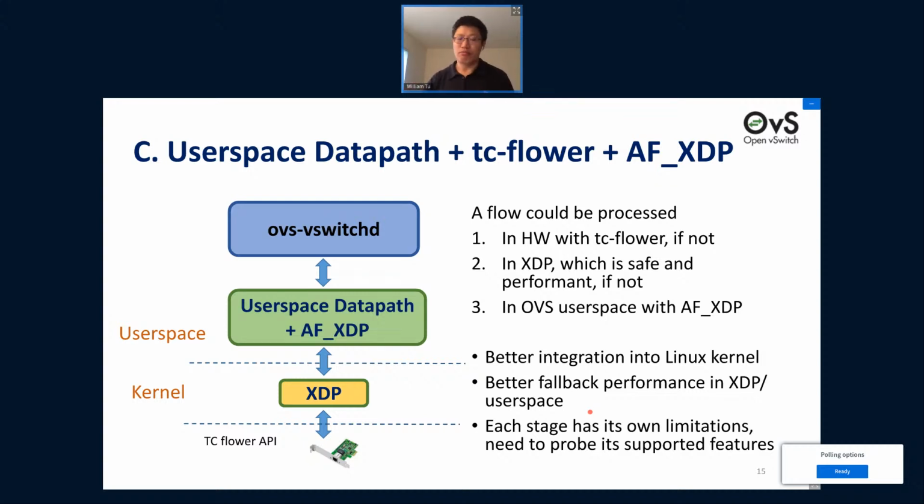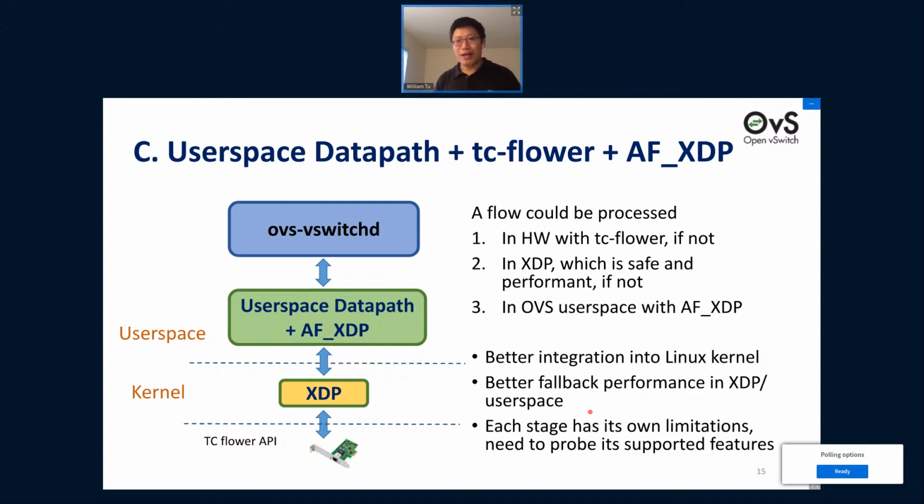For example, OVS sometimes needs to do broadcasting or multicast to flood a packet into many ports, and that cannot be done in XDP. If that's the case, then we fall back to the OVS user space data path with AF_XDP, which still has pretty good performance, has fewer limitations, and is more flexible for adding new features or debugging.